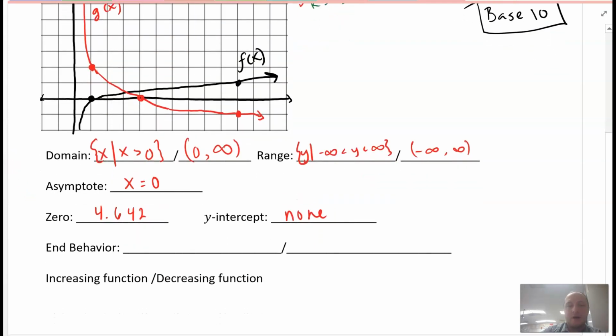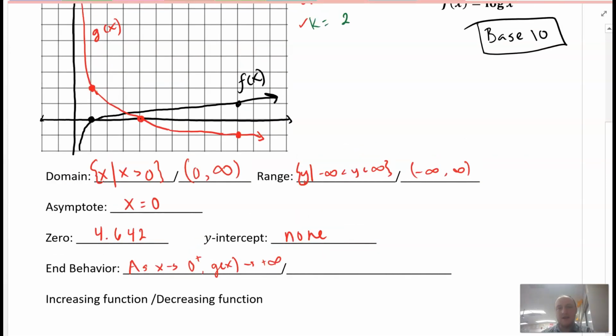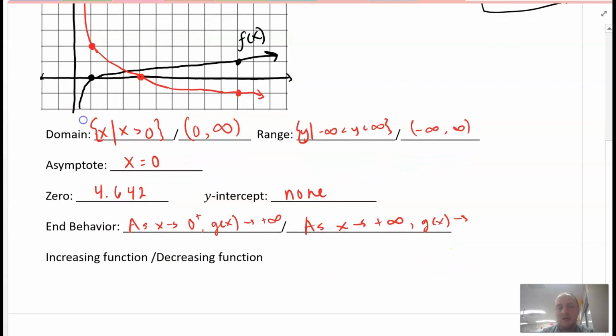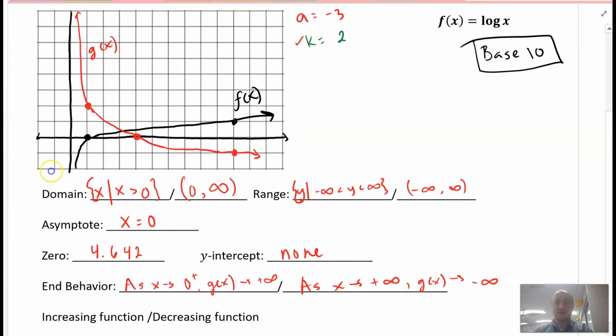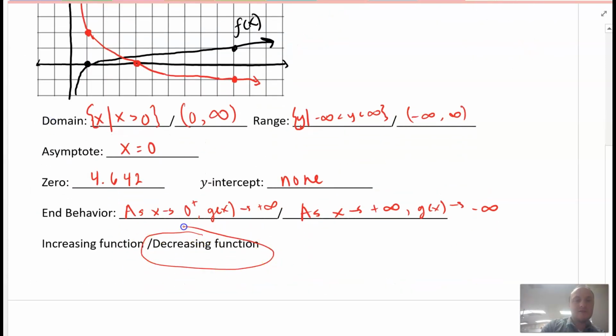So end behavior, as x approaches 0 from the right, g of x is going up to positive infinity. On the right side, as x approaches positive infinity, g of x is approaching negative infinity. It's going down. It's going to keep decreasing. And this is a decreasing function.